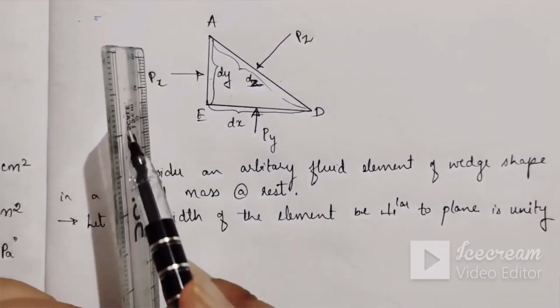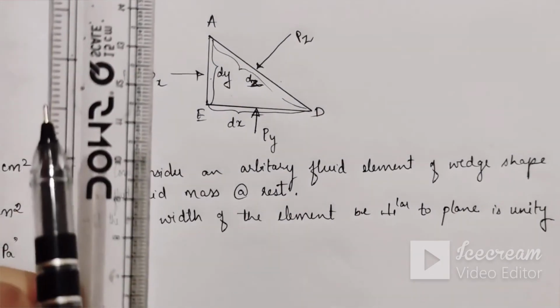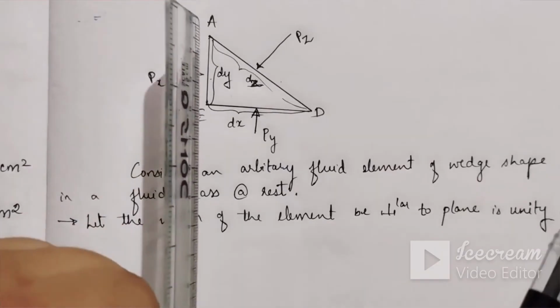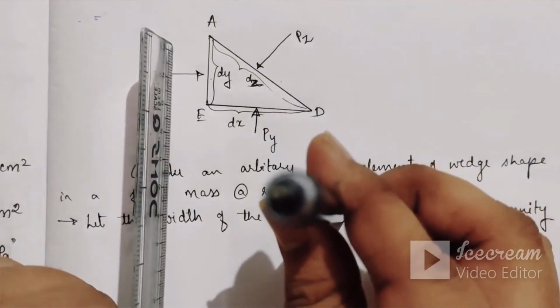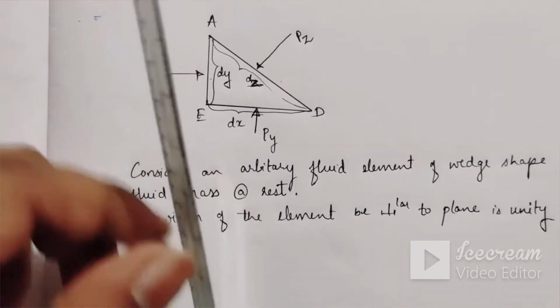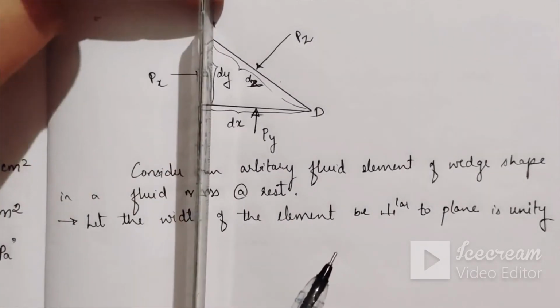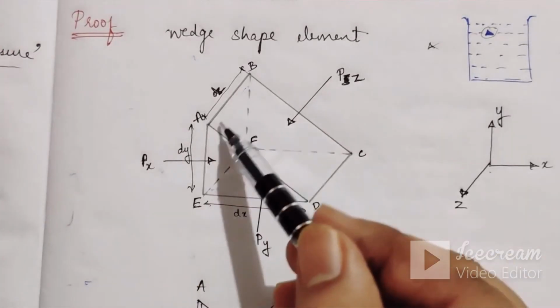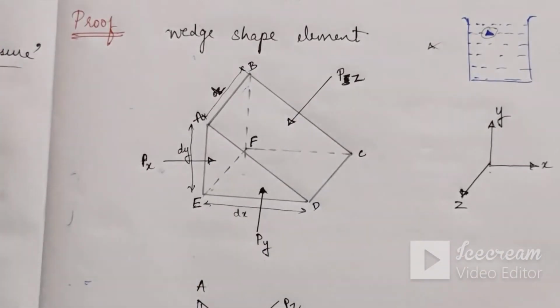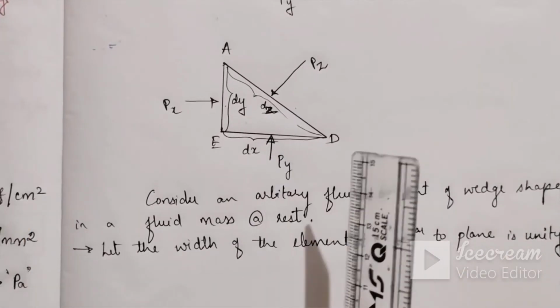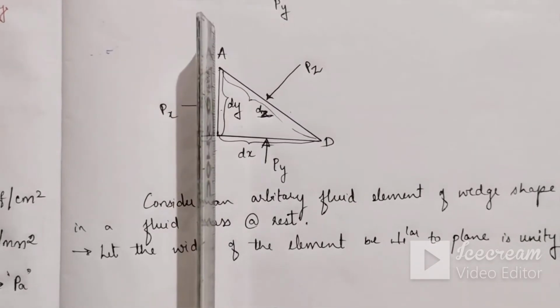So the width here from this edge to this edge is what I am taking as unity, and that is perpendicular to the paper. It is standing like this. In 3D, this is what we are taking as unity, the width, but on the paper we can't show that.